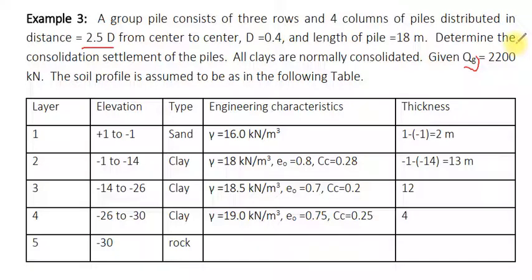The second step is to locate the equivalent raft, which is at 2/3 times the length of piles, and also indicate the thicknesses of all clay layers under the equivalent raft. The third step is to apply the consolidation settlement and compute the consolidation settlement of every layer by using Terzaghi equation.